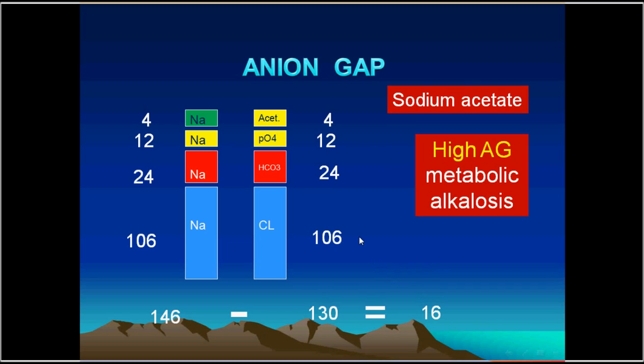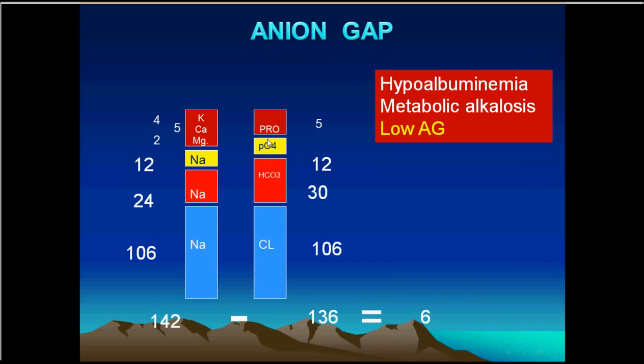So this is the first change. You can notice that increasing the sodium itself, like the addition of sodium acetate, will give us a high anion gap metabolic alkalosis.